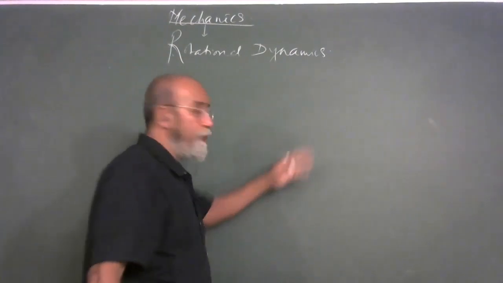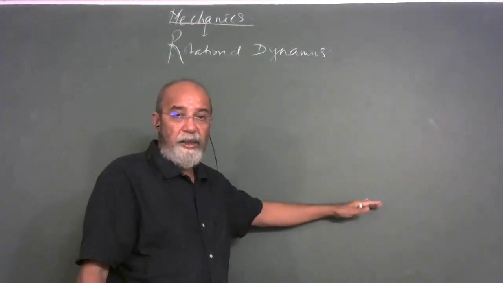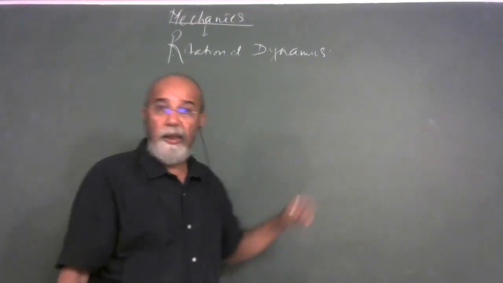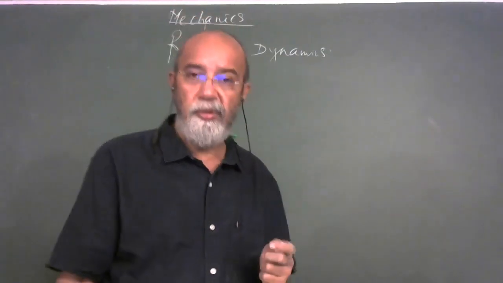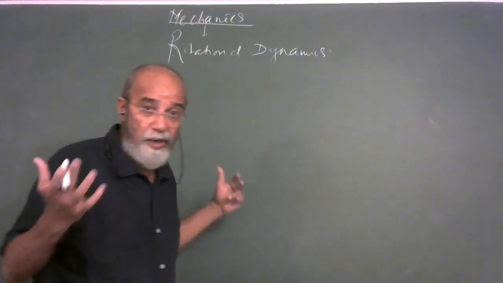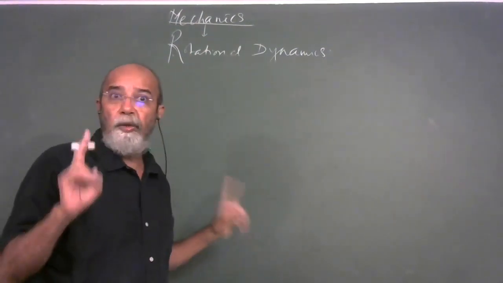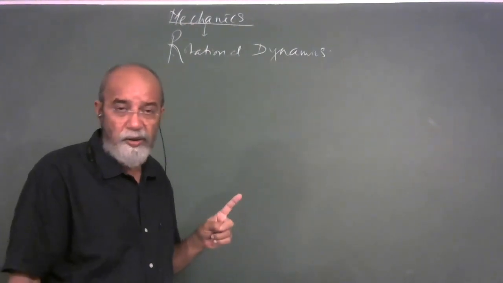So that's where we will be heading. Finally, rolling, pure rolling, we'll be taking up problems which involve rolling, collisions, explosions, everything in rotational dynamics, just like we did in translation. Remember, we have done nothing as far as numericals go.